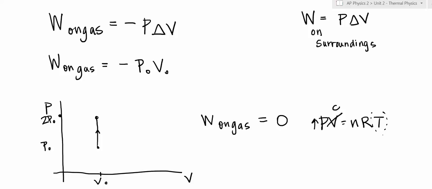The average kinetic energy of each molecule. How do you change temperature? Make work. Yes, but it's a word you don't want to use. It's the four-letter word, heat. You can heat the gas.